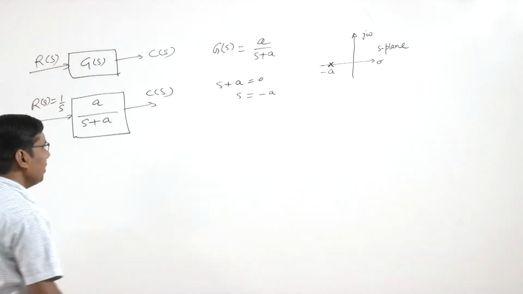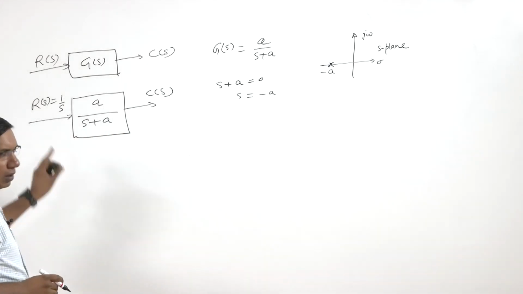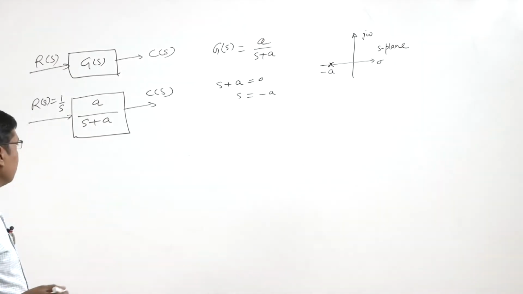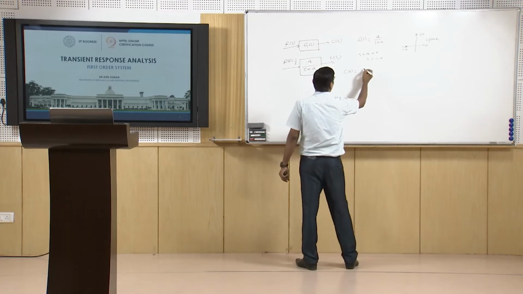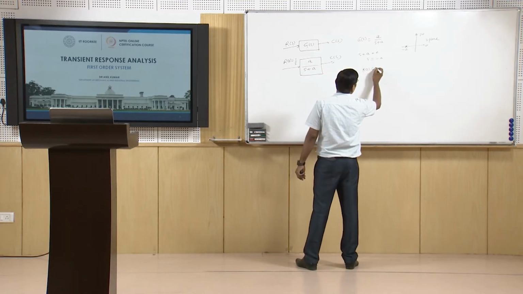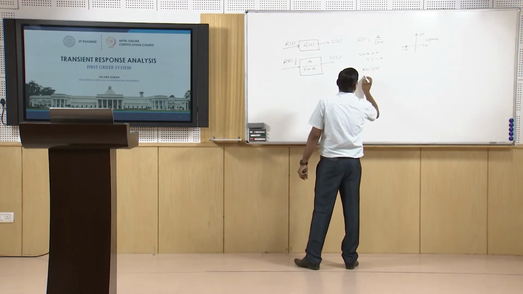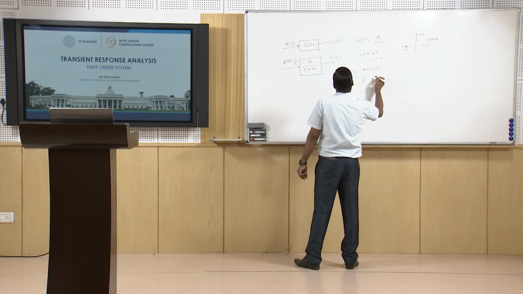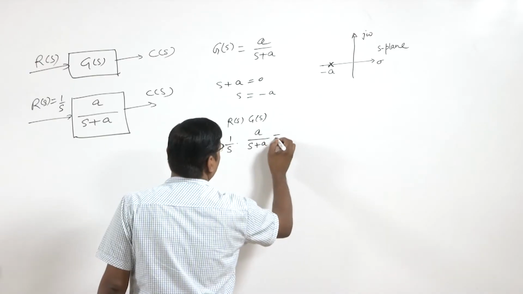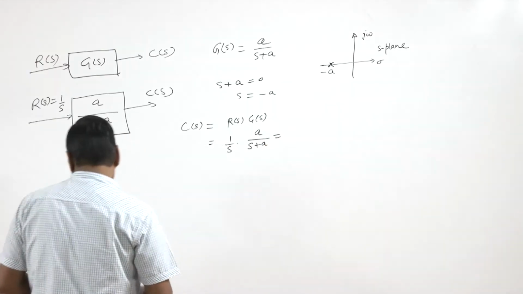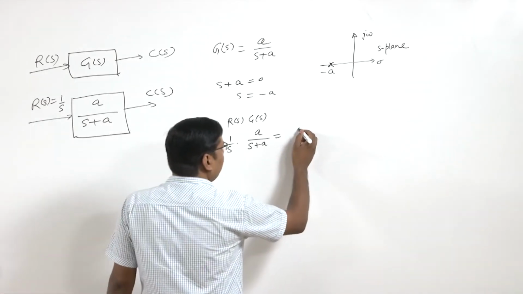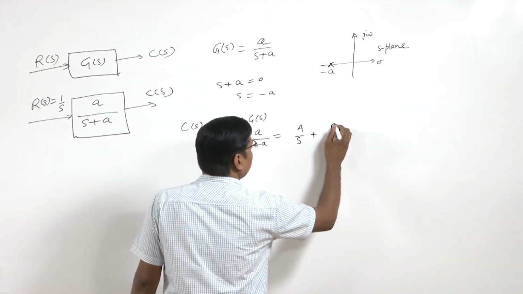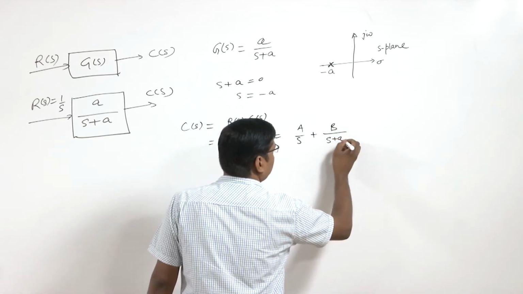Now if this system is subjected to a unit step input, C(s) equal to R(s) into G(s). So R(s) is 1 by s into G(s) is a upon s plus a. So we can solve this as A upon s plus B upon s plus a.